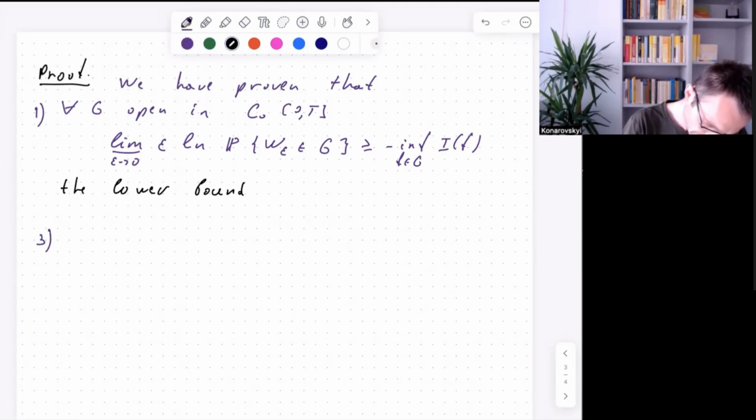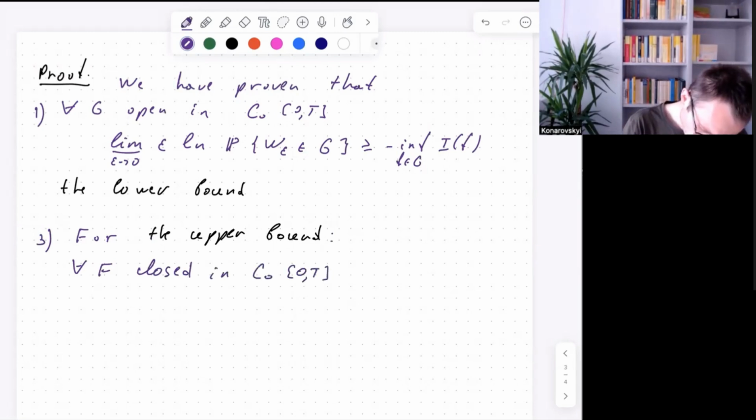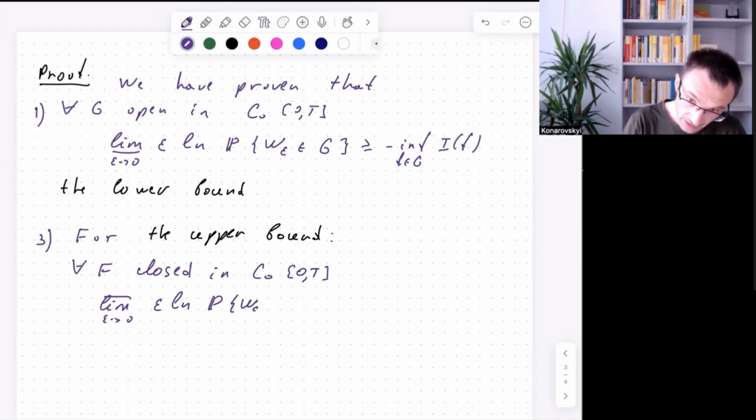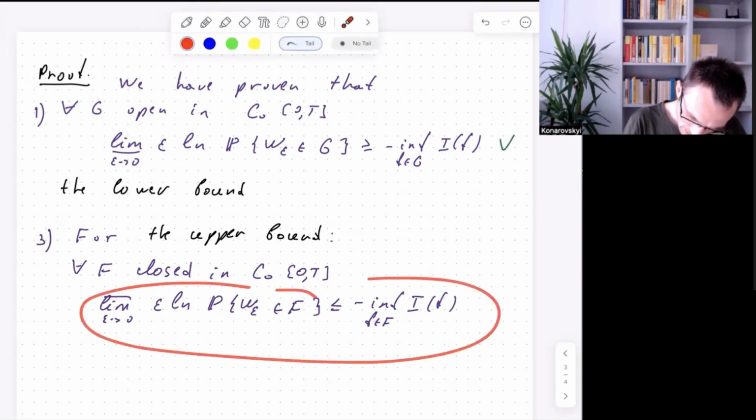So let me first of all write the upper bound to recall it: for every F closed in C0, 0T, the lim sup as epsilon goes to 0 of epsilon logarithm of the probability that W epsilon belongs to F is less or equal than minus the infimum of I of f, f belongs to F. As I already said, this we want to prove, and that inequality we want to prove.